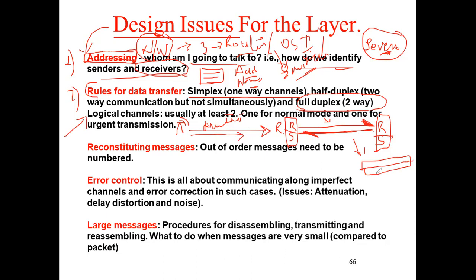But what it does is divide the bandwidth. One is required for the receiver, one is required for the sender. So the bandwidth gets halved for upload and download, in both directions, if you want to do the communication. All those factors will come into these rules for data transfer, right?